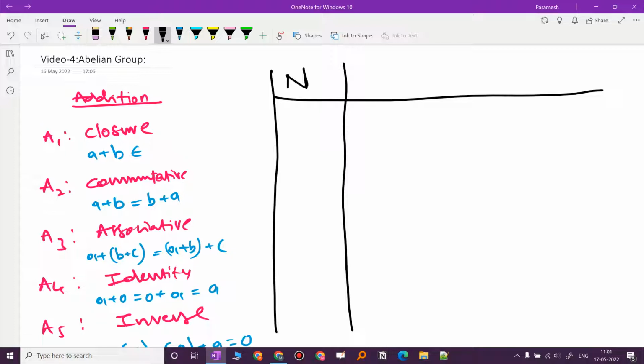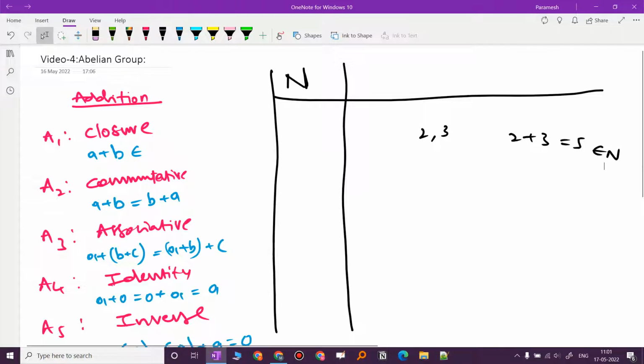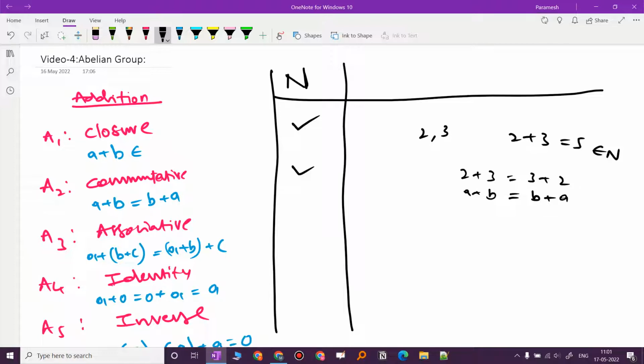Because suppose you take 2 and 3, natural numbers; their sum 2 plus 3 is equal to 5, which belongs to N. So the natural number set satisfies the closure property under addition. Does it satisfy the commutative property? Yes, 2 plus 3 is equal to 3 plus 2, that is, a plus b is equal to b plus a. So it also holds the commutative property.